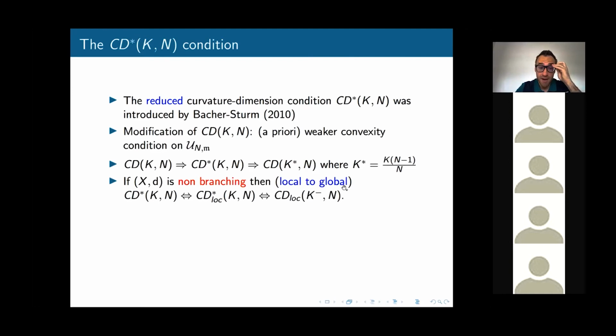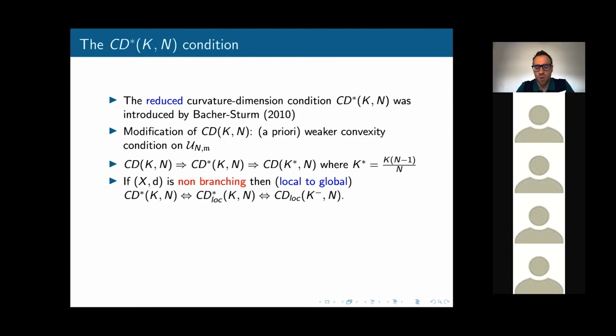Why did Bacher and Sturm introduce the CD*(K,N) condition? Because an important problem of this curvature condition that I have not addressed so far is the so-called local to global.